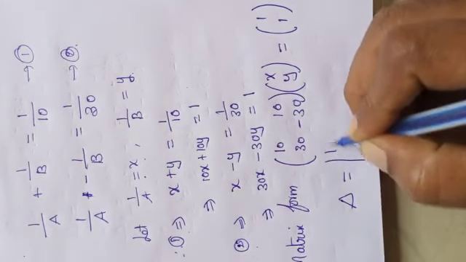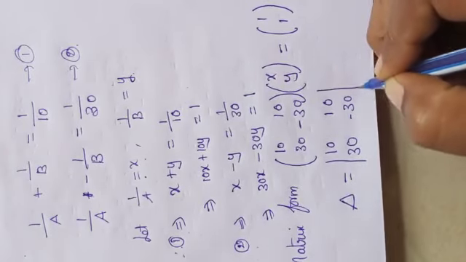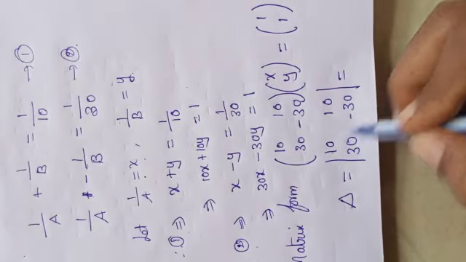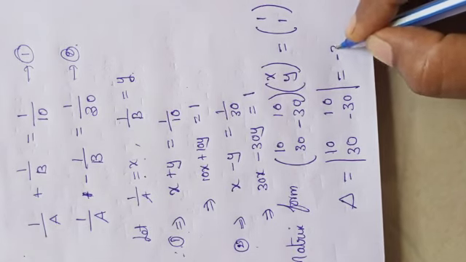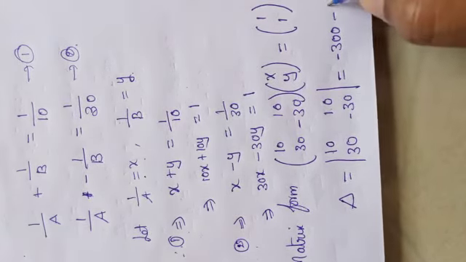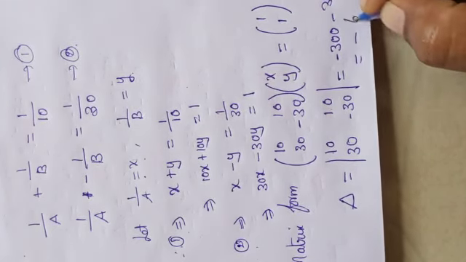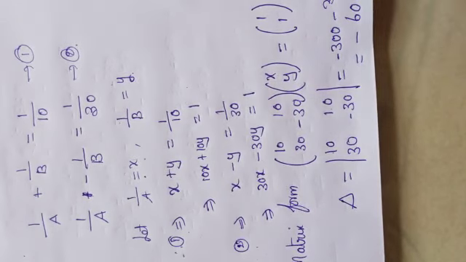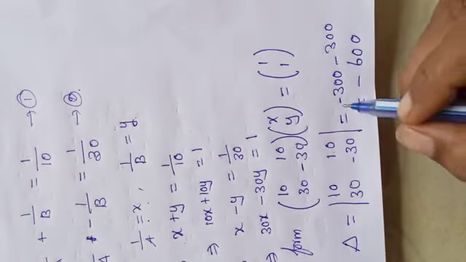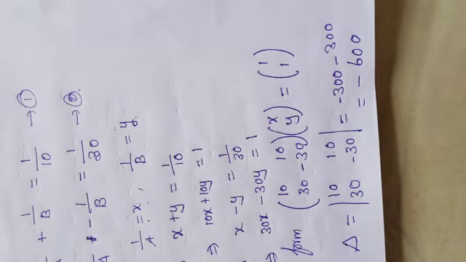Delta is equal to the determinant of 10, 10 and 30, minus 30. So 10 into minus 30 is minus 300, minus 30 into 10 is again 300. So we make it minus 600. Is it not? Minus 300 minus 300 is minus 600.